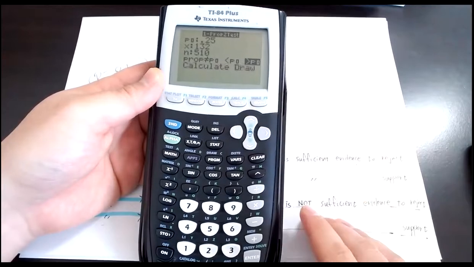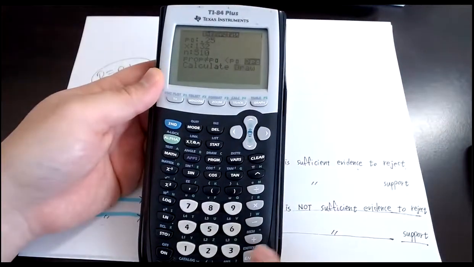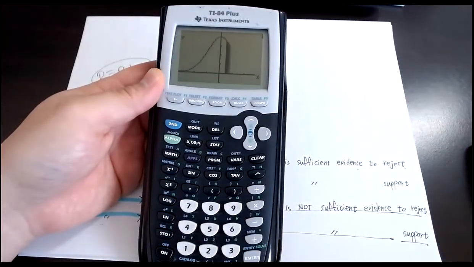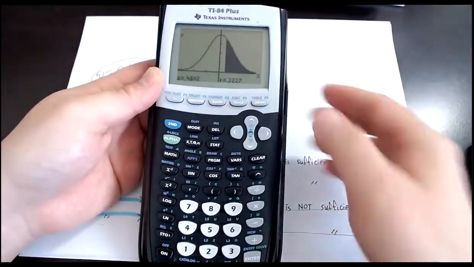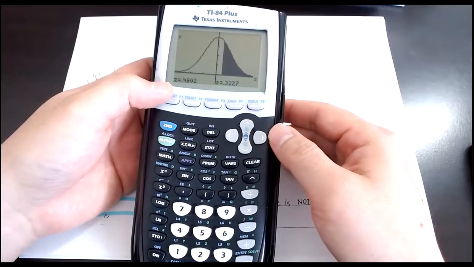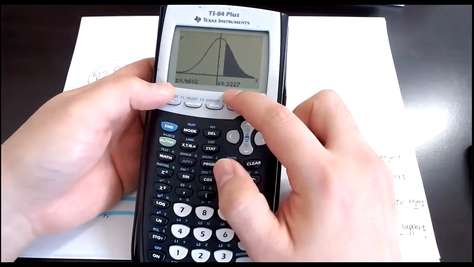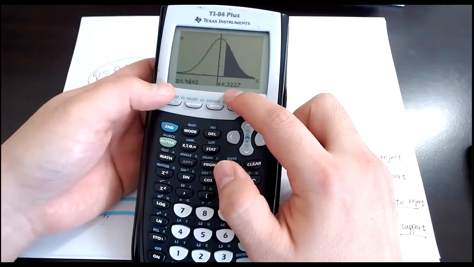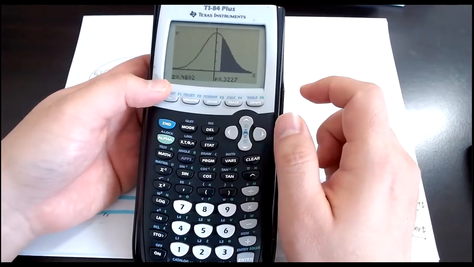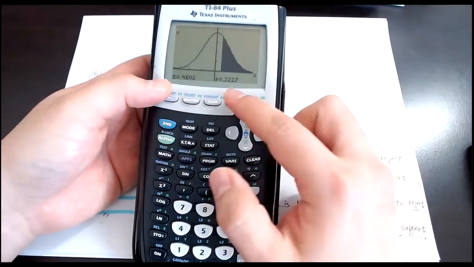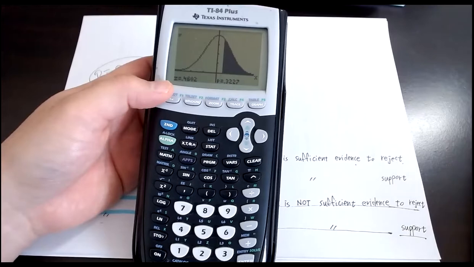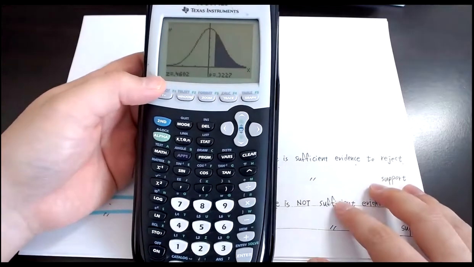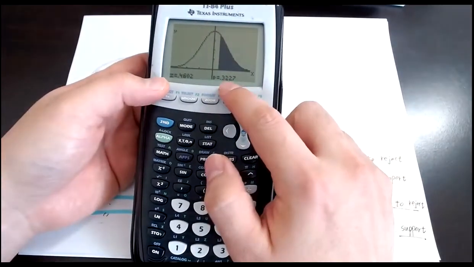But I prefer to draw the sampling distribution with the shaded region, okay? So here the test statistic is 0.4602, and the p-value is 0.32. Since the p-value is greater than alpha 0.05, right?